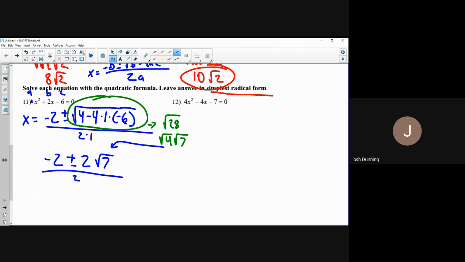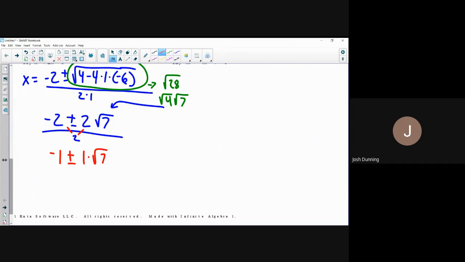The only thing here is I got to divide everything by 2. And this is nice. They're both 2's on top. So negative 2 divided by 2, negative 1, plus or minus 1. 2 divided by 2 is 1. So you can write the 1 there, but it's 1 times radical 7, which is just radical 7.